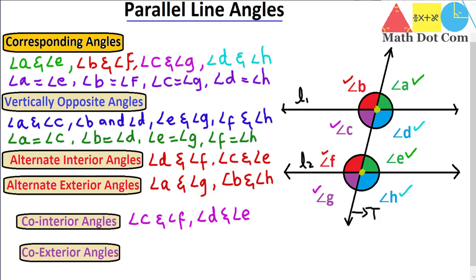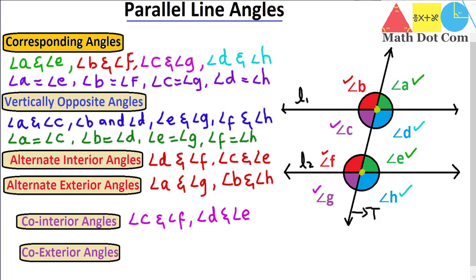And co-interior angles also have the property that they are supplementary. That is, the sum of these two angles will be equals to 180 degree. They are supplementary angles as these angles are a linear pair. That is, they are on the same line. So when the angles are on the same line, their sum will be equals to 180 degree.